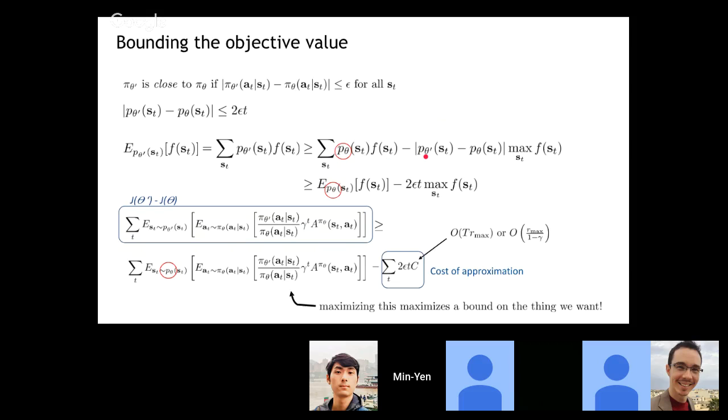As we step, we are diverging from the policy. You're just substituting 2 epsilon t into the summation over s_t. The top is already 2 epsilon t.